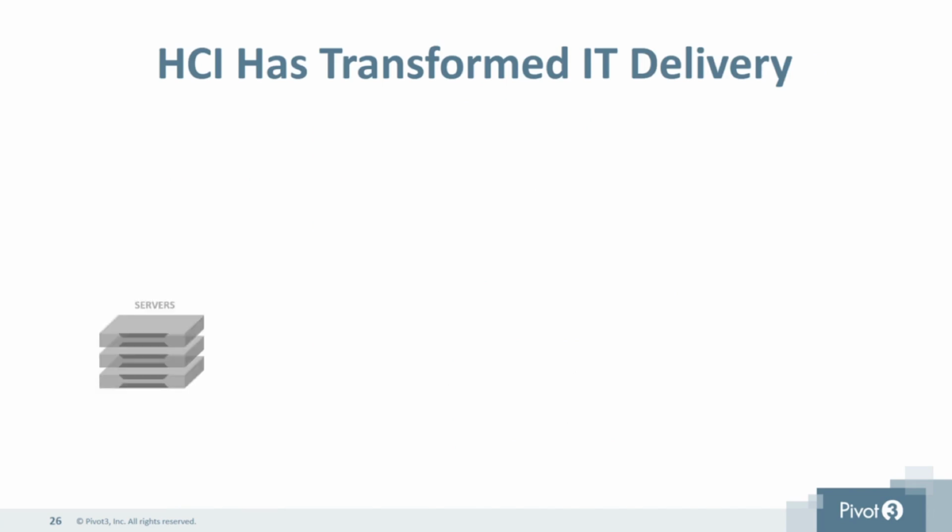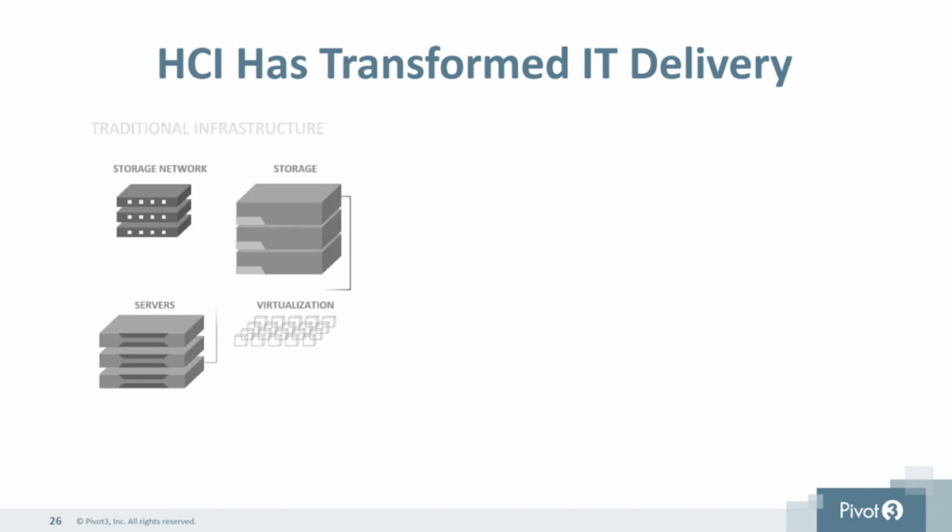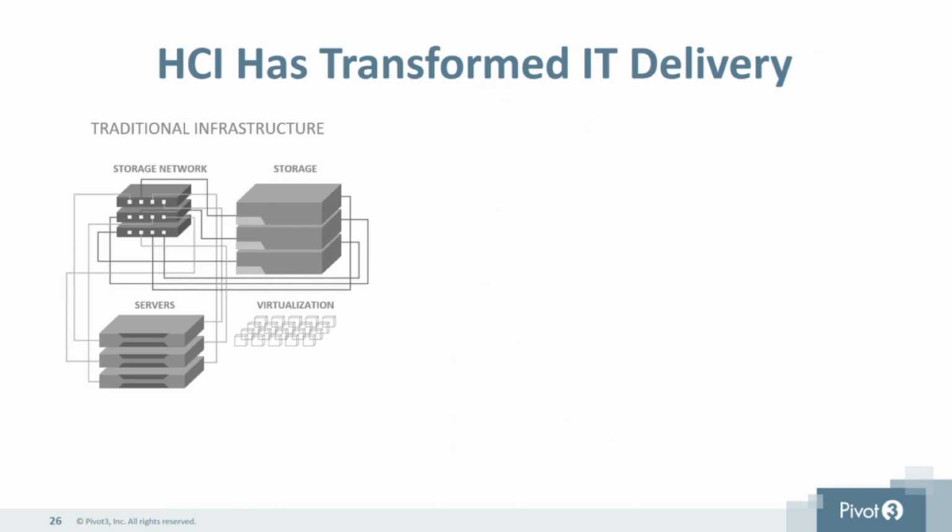So Chris talked a little bit about how HCI has transformed the delivery of IT services. What HCI is doing is combining networking, storage, and compute, taking these different buckets of functionality that at one time maybe would be procured from different vendors, and then had to be tuned and made to work together, which could be a complicated process.